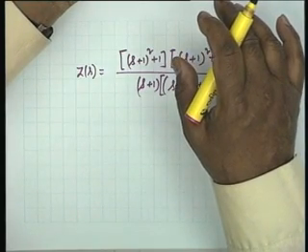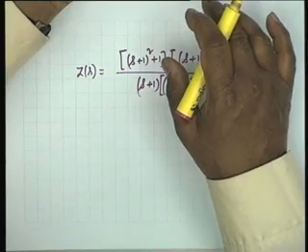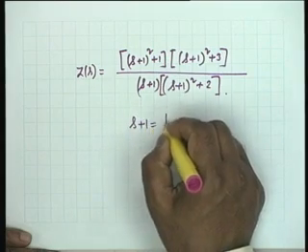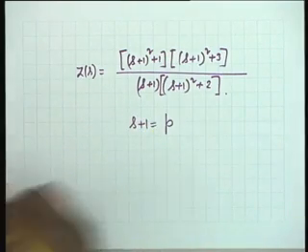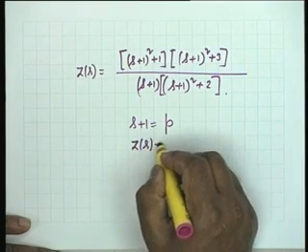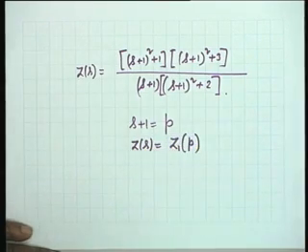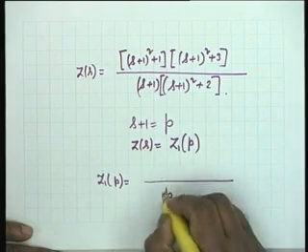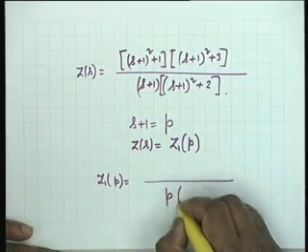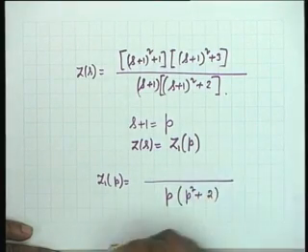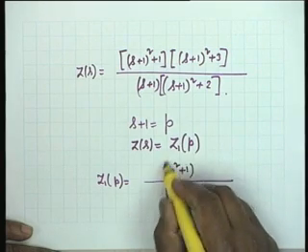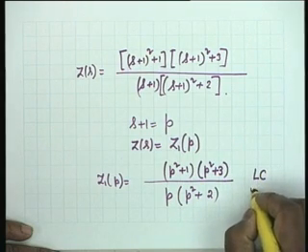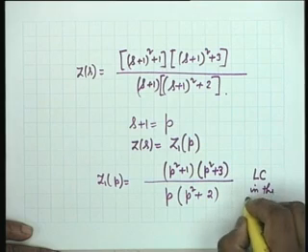solved by a knowledge of LC networks, because you see that if you put s plus 1 as a new variable p, and you say Z of s equal to, let us say, Z1 of p, then you notice that Z1 of p is equal to p, a new complex variable, times (p squared plus 2) over (p squared plus 1)(p squared plus 3), and this is an LC network in the p plane.